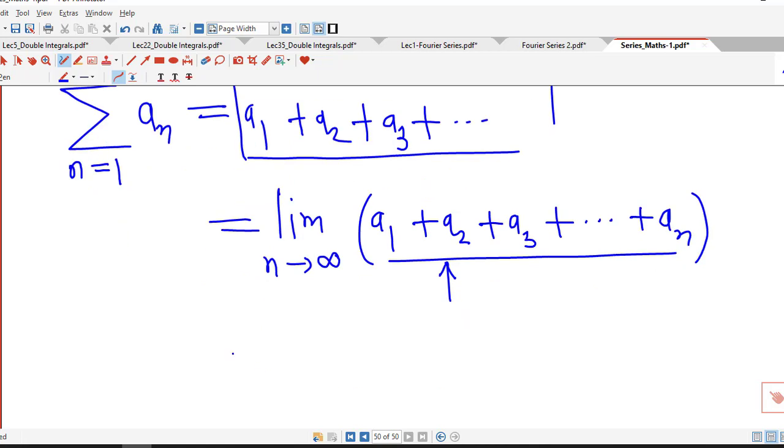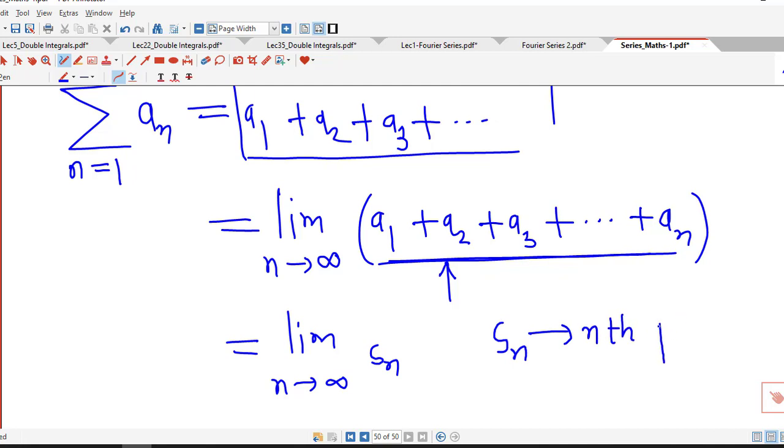We will denote this finite sum by Sn. Sn means the sum of the first n terms of the series, so Sn is known as the nth partial sum.